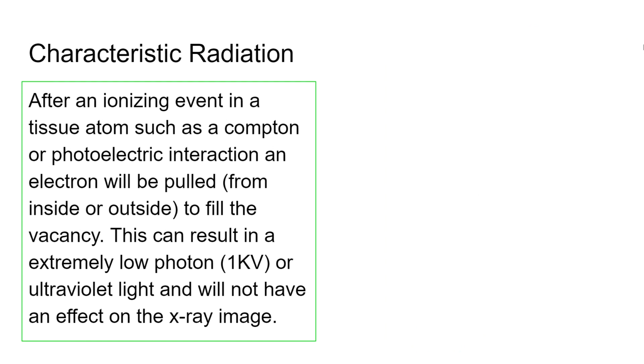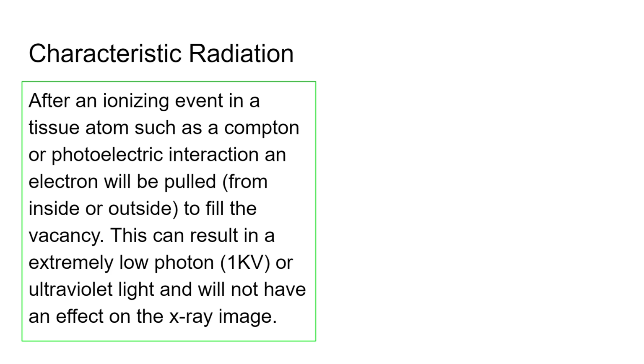Characteristic radiation is a byproduct of Compton or photoelectric effect. Because if you remember those two, you have an ionization and an electron pops out, right? Either a photoelectron or a recoil electron.